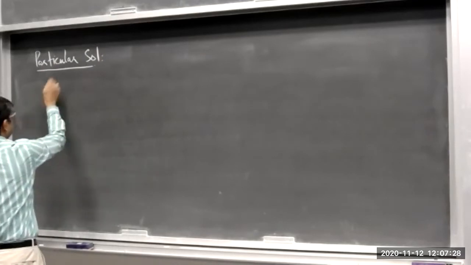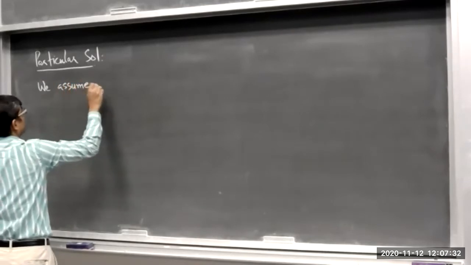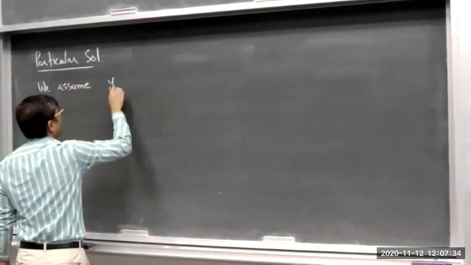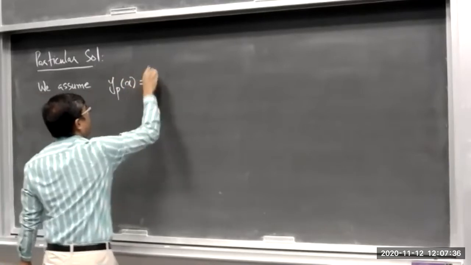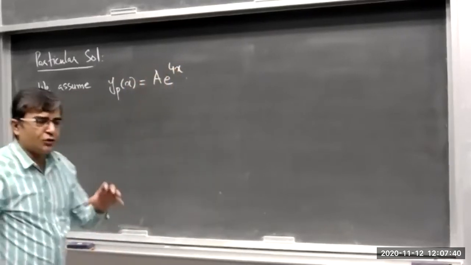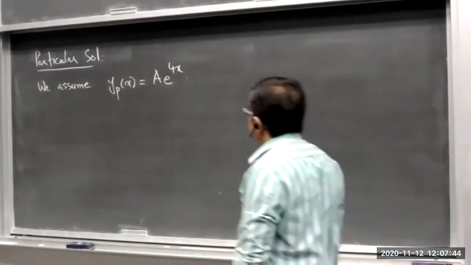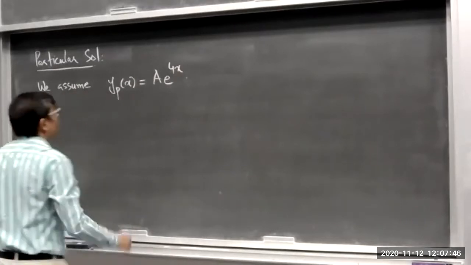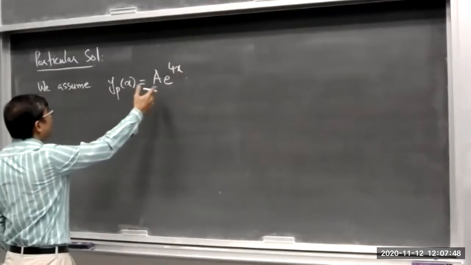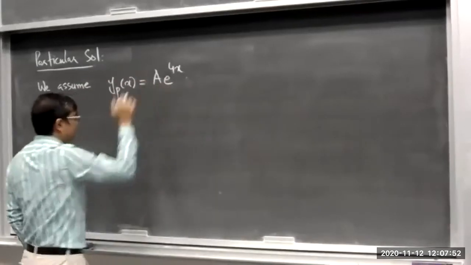Now, we assume yp of x is equal to a times e raised power 4x. According to the rules which we discussed in the previous lecture, the guess of the particular solution is of this form.